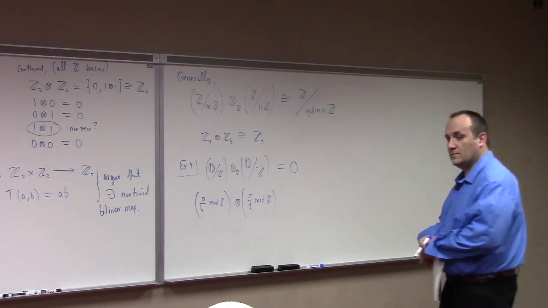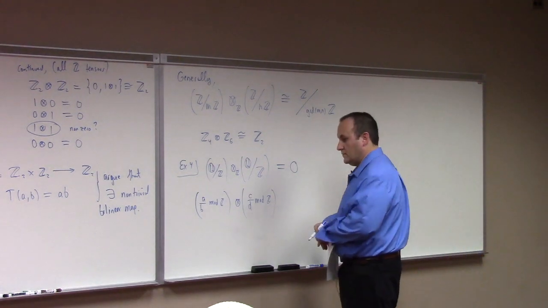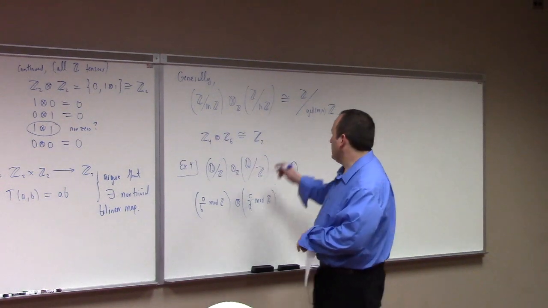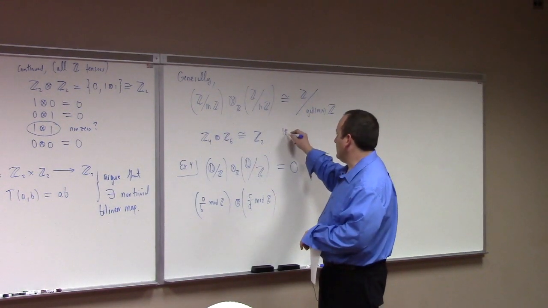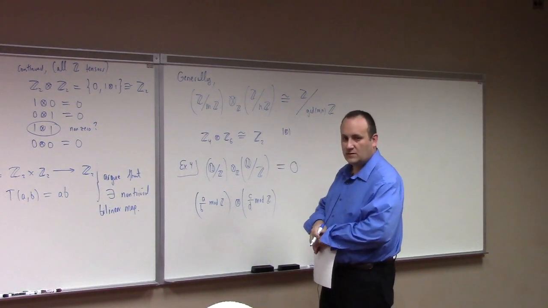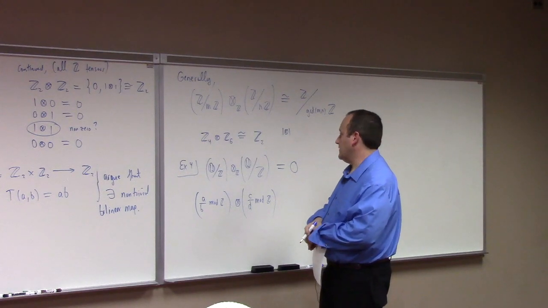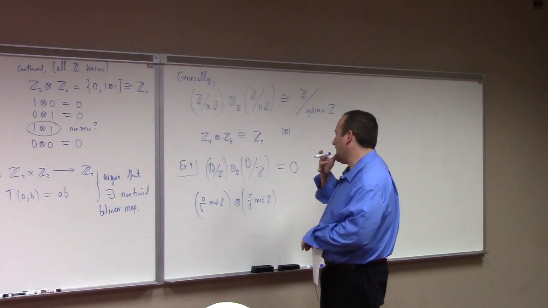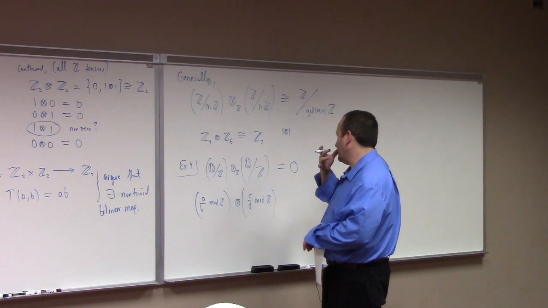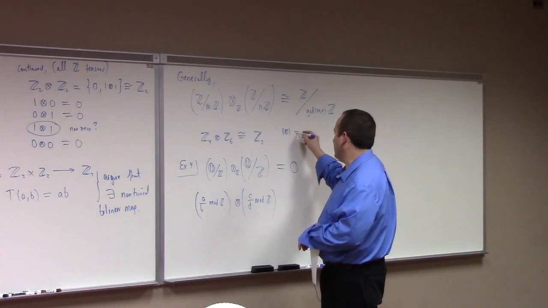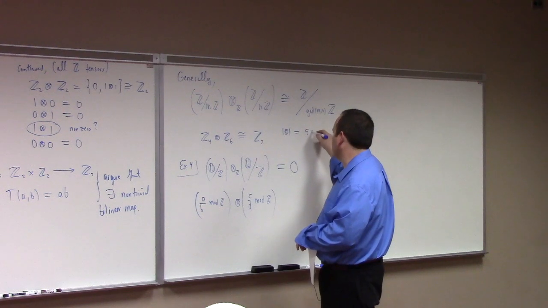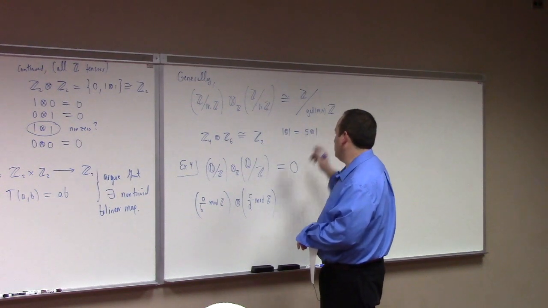Well, I didn't really come up with any. I was just wondering about 1 and 5 or something like that. I suspect 1 tensor 1 is non-zero in here. I feel like maybe that's equal to, say, 5 tensor 1.